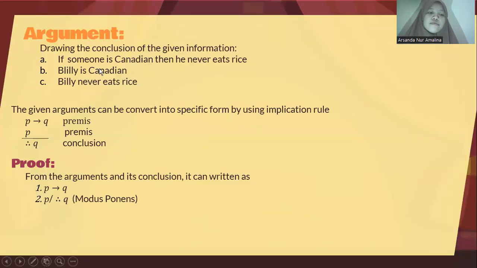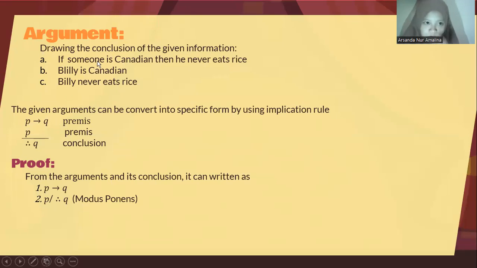We have some information. The first is: if someone is Canadian, then he never eats rice. It kind of doesn't make sense, but let's just assume it is true. The second statement is Billy is Canadian. And the third is Billy never eats rice. We convert the information into mathematical form.